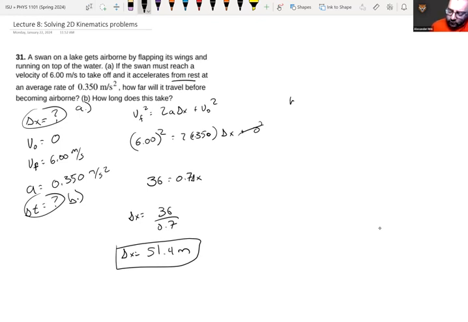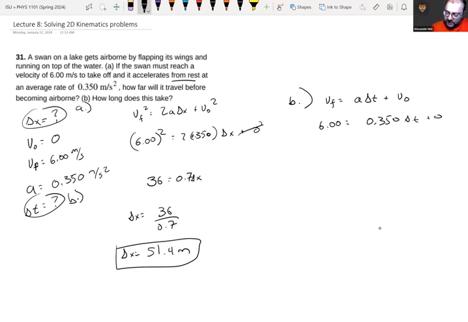Now for B, once you have your delta x, there are a number of different ways you can do it. Still, I would probably just tend to use V final equals A delta T plus V initial. And from there, you just end up with 6.00 equals 0.350 delta t plus 0.